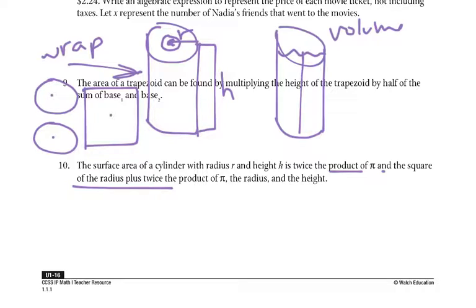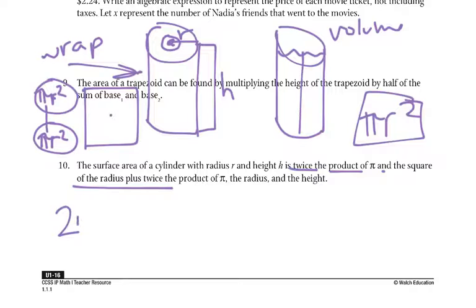The area of a circle is pi r squared. We've got two circles, so we've got 2 pi r squareds. That's where twice comes from. And that's the product. So those two together would be 2 times pi times r squared.